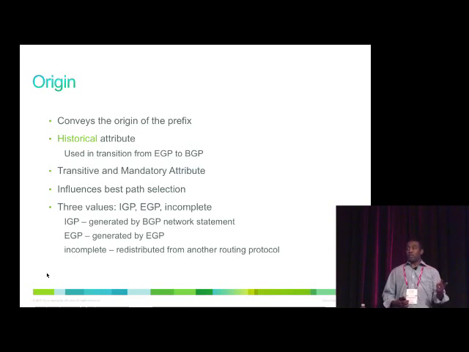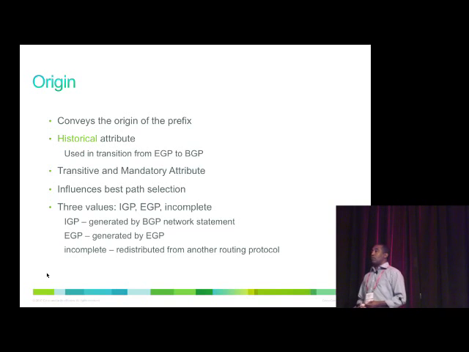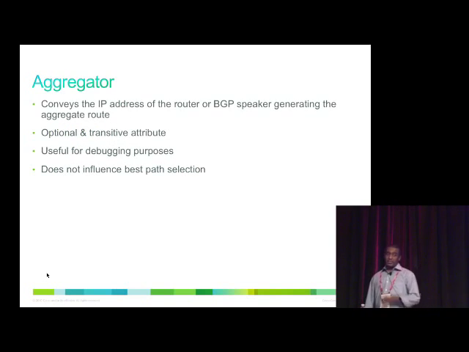So you have 2 types of origins, IGP and incomplete. IGP is used if the route is injected using a network statement, and incomplete is used if a route is injected into BGP by redistributing IGP into BGP, or by redistributing a static route into BGP instead of using a network statement. So the network statement is the preferred one, so during path selection, IGP will be preferred over incomplete.